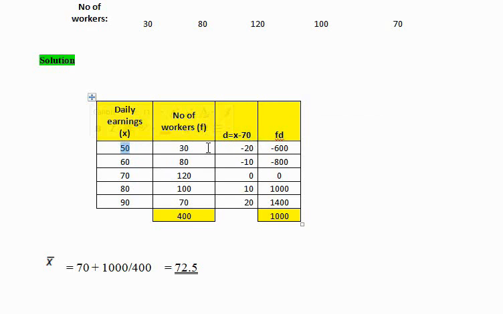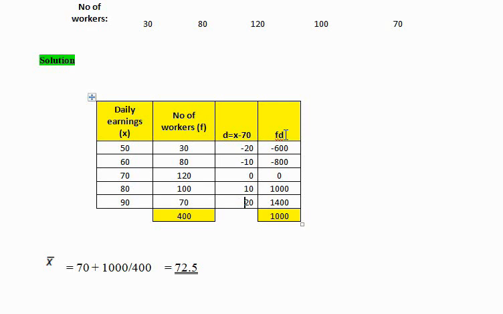That means 50 minus 70, that is minus 20. Then 60 minus 70 is minus 10, 70 minus 70 is 0, 80 minus 70 is 10, 90 minus 70 is 20. Those are the corresponding values of D.